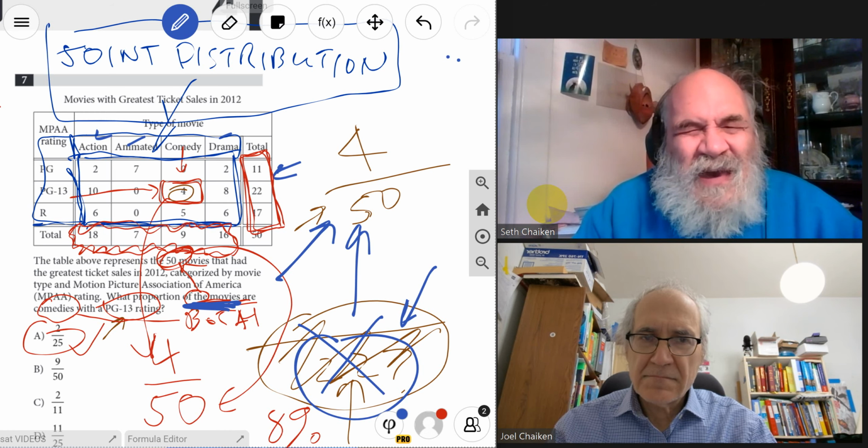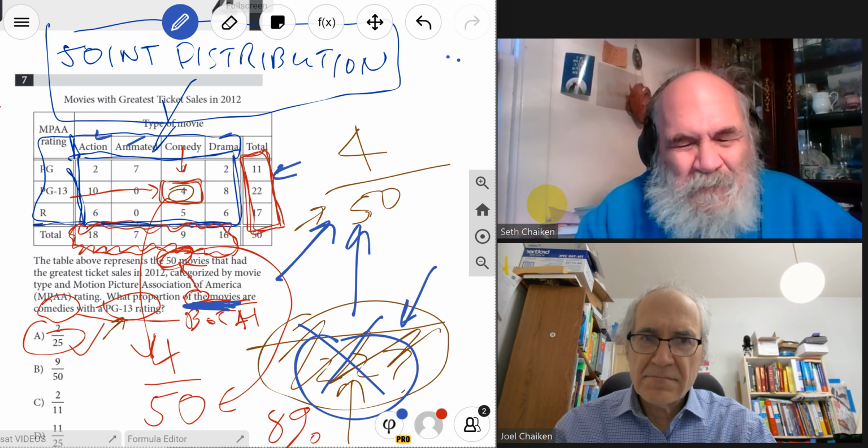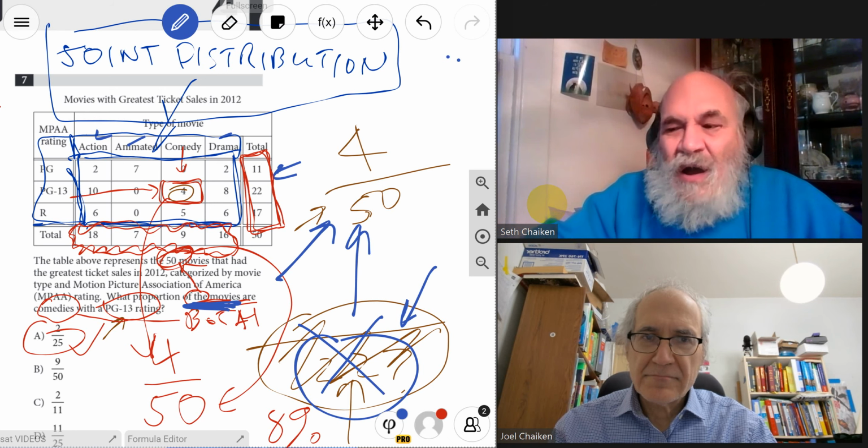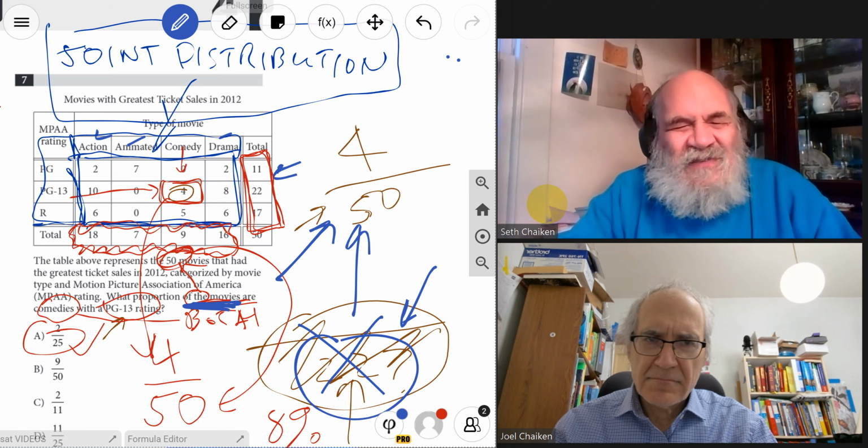So what they gave were two marginal distributions, and those marginal distributions are obtained by simply adding up the numbers in the joint distribution. Now these are raw statistics.